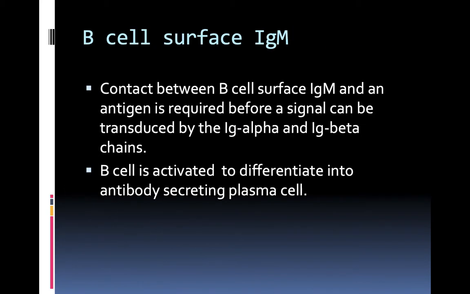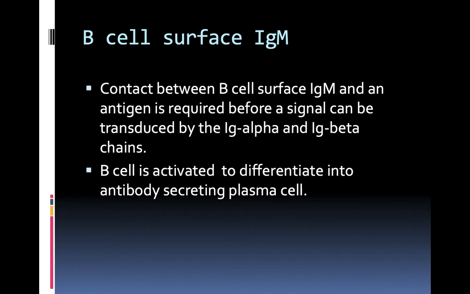Next, contact between B cell surface IgM and an antigen is the primary event. In order for signal transduction to proceed, your IgM must recognize an antigen. Once recognition has transpired because of the contact, then we expect signal transduction via the succeeding proteins, especially the Ig alpha and the Ig beta chains.